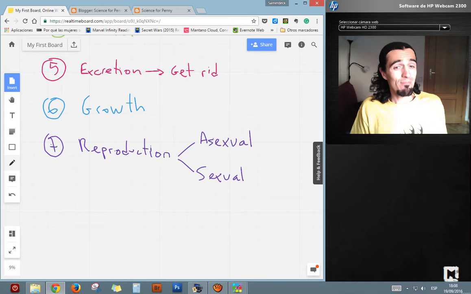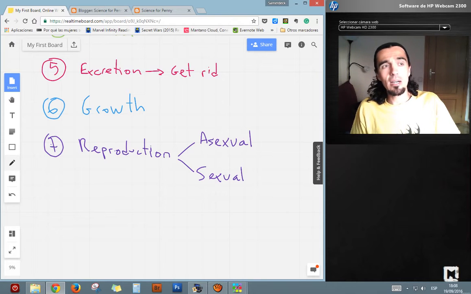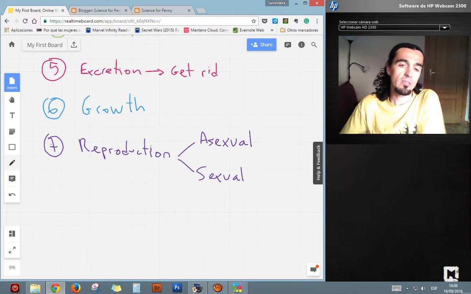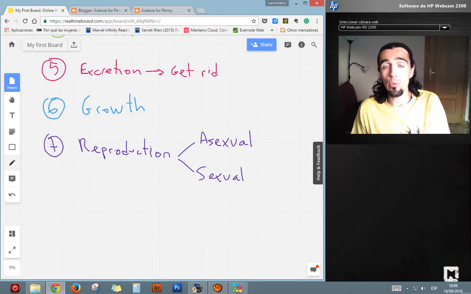Sexual is probably the most common of the two, because it has proven important advantages for preservation of the species. So it's quite a common way of reproduction.